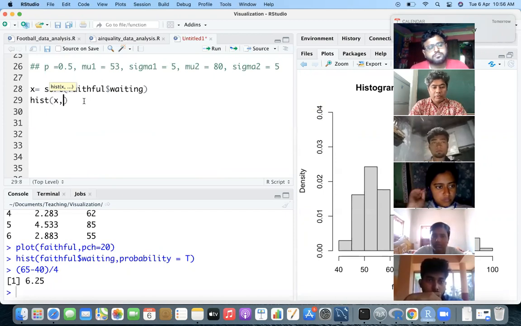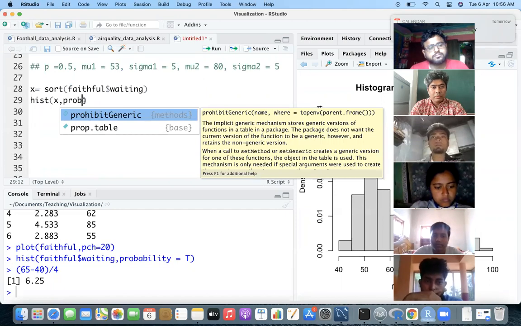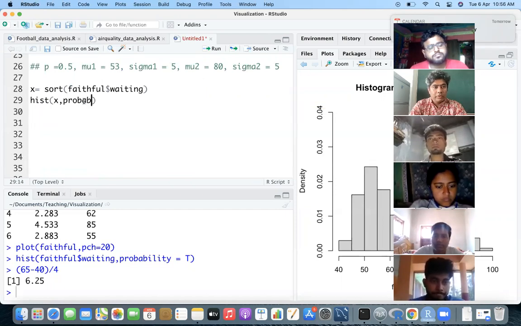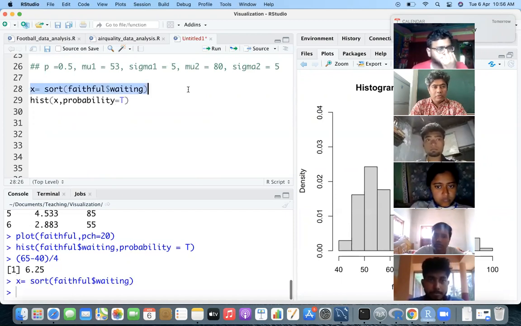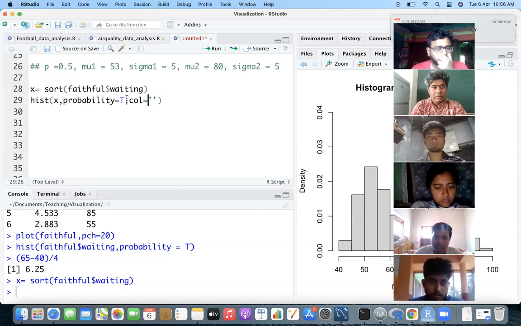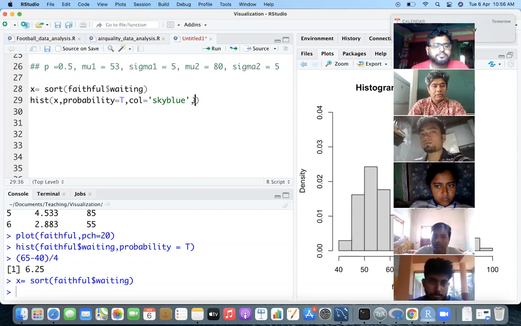X, probability equal to TRUE, and then color equal to sky blue, and xlab equal to weight.